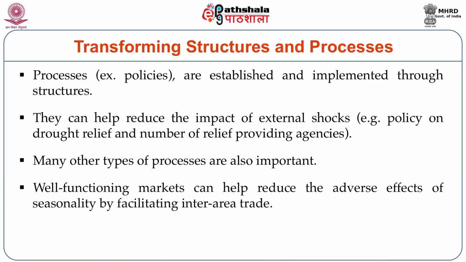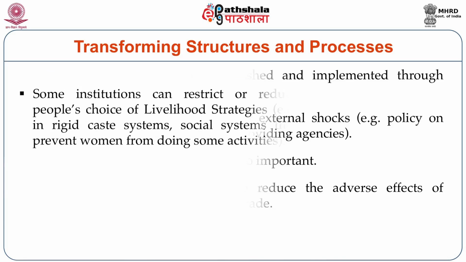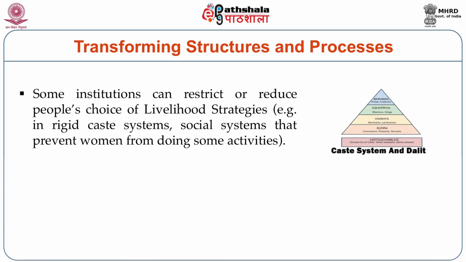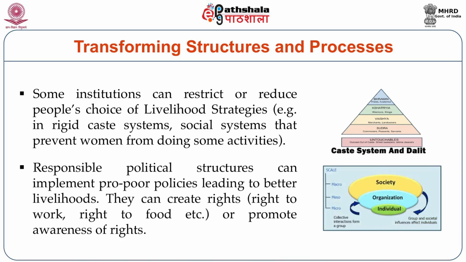Well-functioning markets can help reduce the adverse effects of seasonality by facilitating inter-area trade. Now, some institutions can restrict or reduce people's choice of livelihood strategies. For example, in a rigid caste system, social systems that prevent women from doing some activities. Now, another factor is that responsible political structures can implement pro-poor policies leading to better livelihoods.